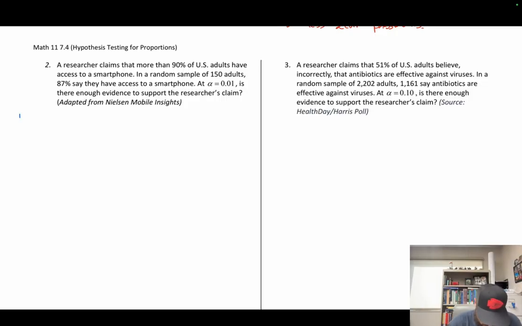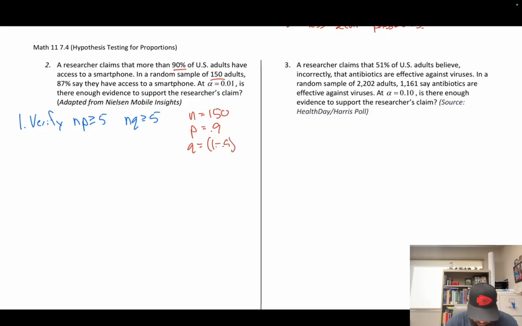All right, so we want to verify np is greater than or equal to 5, and nq is greater than or equal to 5. So let's identify those. n equals 150, p equals 90 or 0.9, so then q is 1 minus that, so 0.1, and our p hat is 0.87.